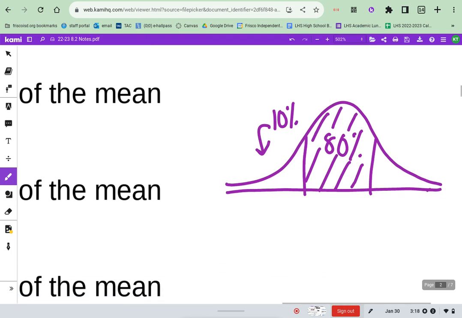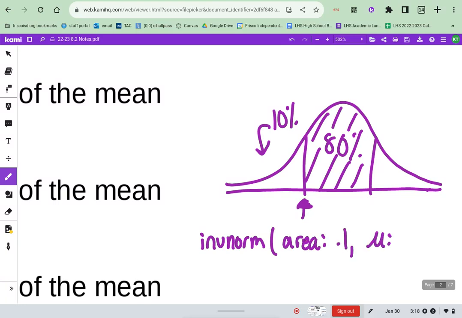In order to find the critical value, or you could also think of it as the z-score where my arrow is, I can do inverse norm with an area of 0.1, mean of 0, standard deviation of 1. That's going to give you what we call our z-star, our critical value, for an 80% confidence level. When you do that, you should get about 1.28. So 1.28 would be your z-star for 80%.